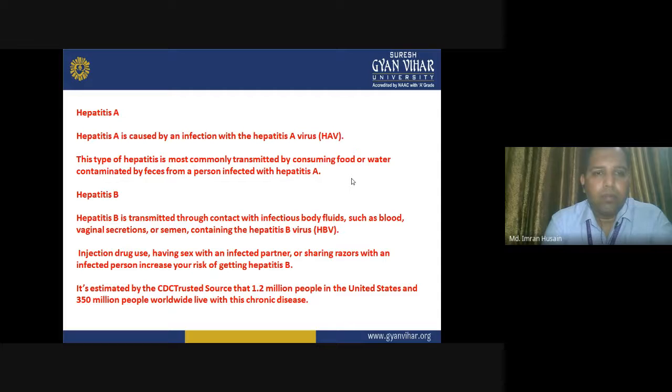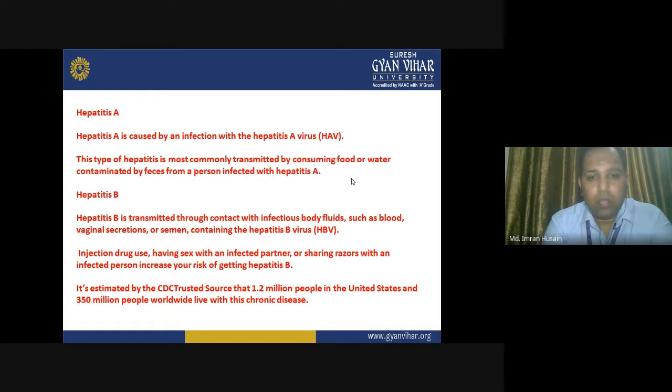Hepatitis B. Hepatitis B is transmitted through contact with infectious body fluids. This is its speciality and it makes it different from other types of hepatitis, such as blood, vaginal secretion, or semen containing the hepatitis B virus (HBV).